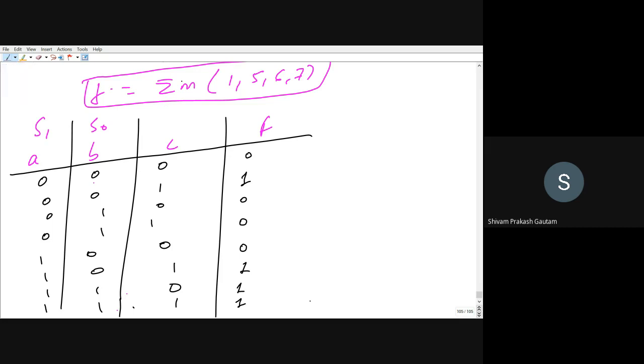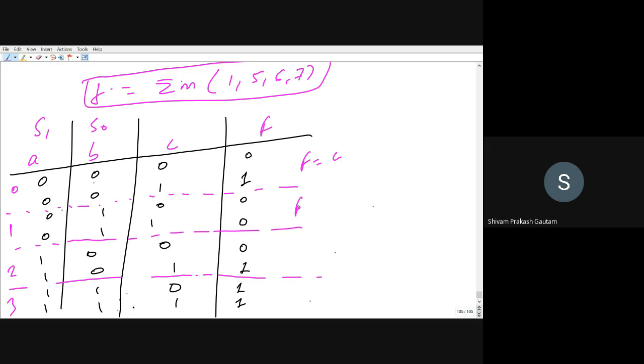Now you can subdivide the sections: 0, 1, 2, 3. So in the first case, just check, the function will be equal to small c.